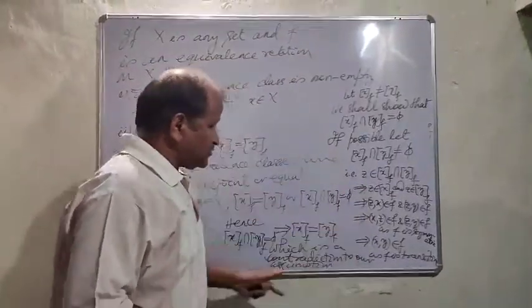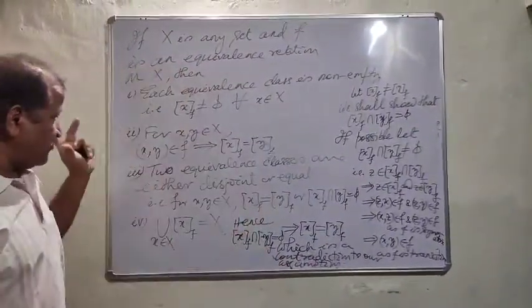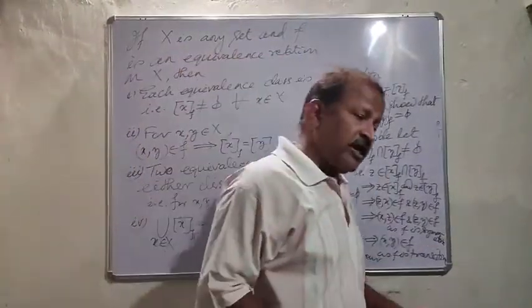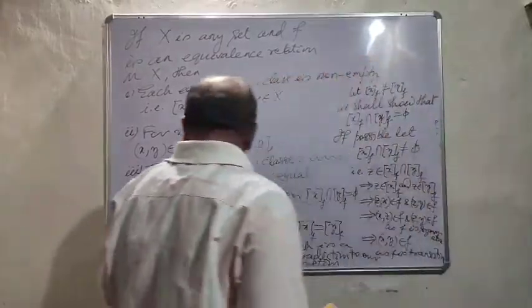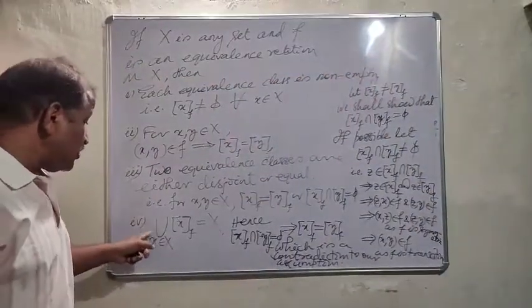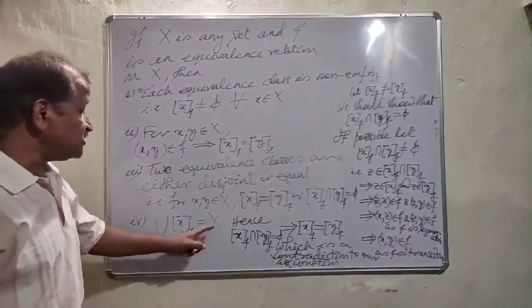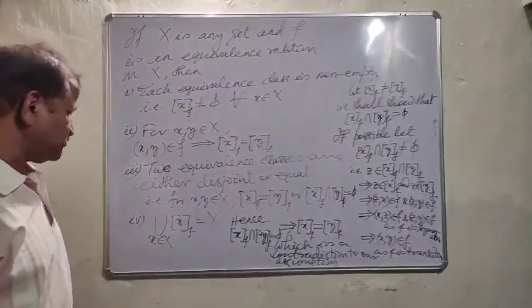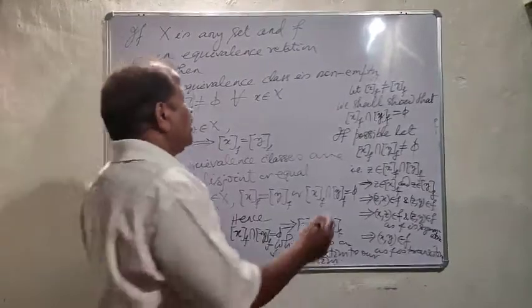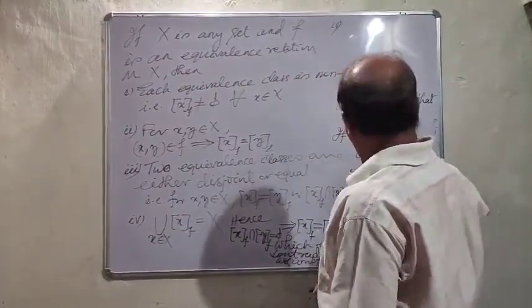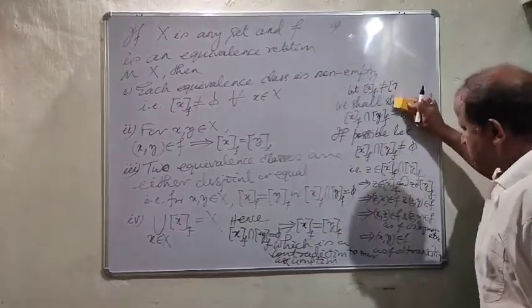This is the main property, main fact: two equivalence classes are either disjoint or they are equal. Now the last one, the fourth one: the union of such equivalence classes of X is equal to X. Yes, it is very simple. You see, the fourth one is very simple.